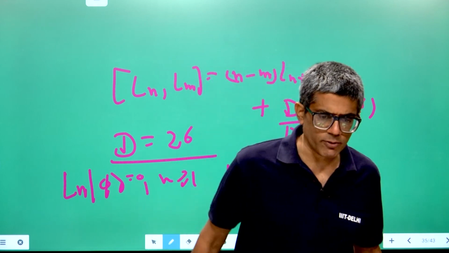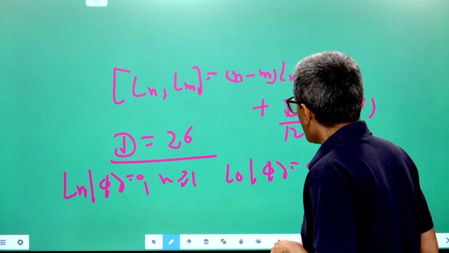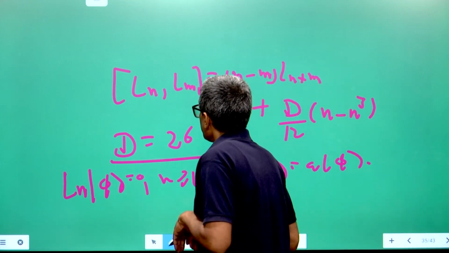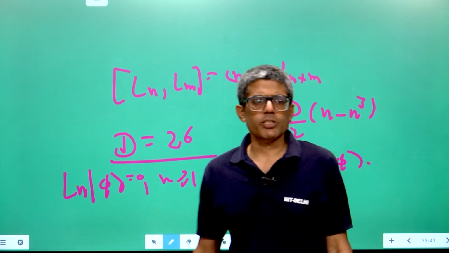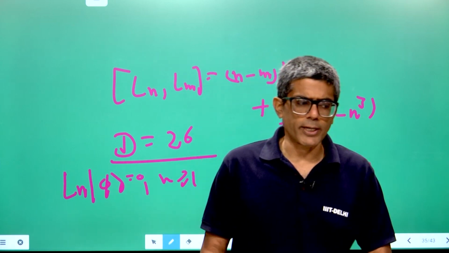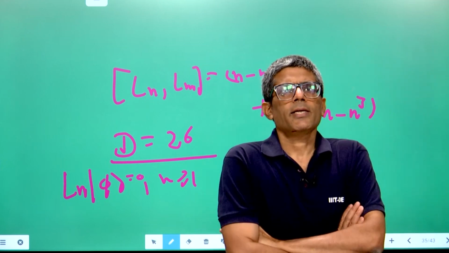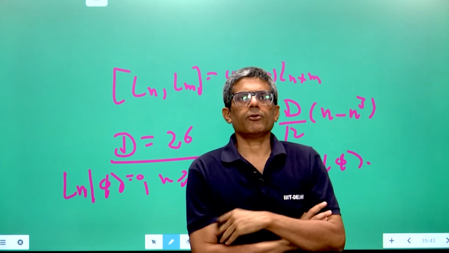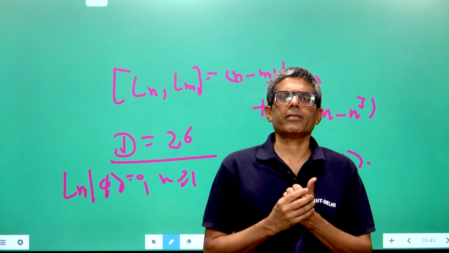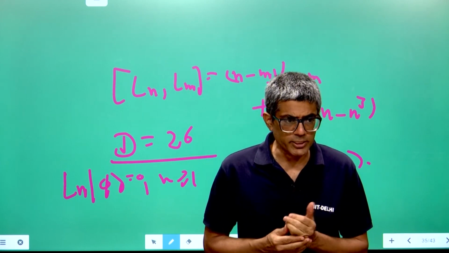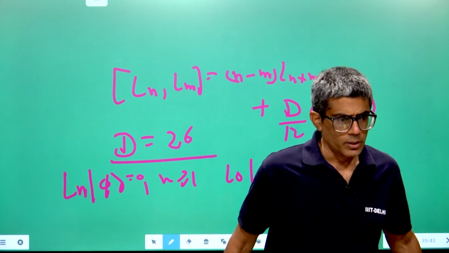Of course the derivation of this is a bit lengthy, but you can also arrive at D equal to 26 in a different way through what is called the ghost. You see, when you write down the equations of motion of the string, when you calculate the path integral using the action of the string, then you have an arbitrary gauge for the metric. So you have to integrate over all the metric coefficients, the worldsheet metric components.